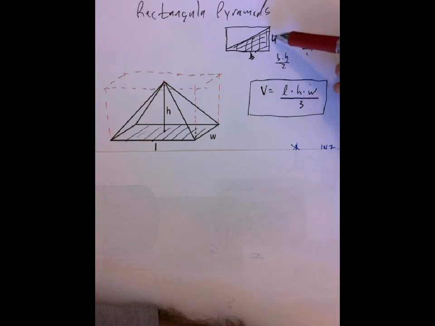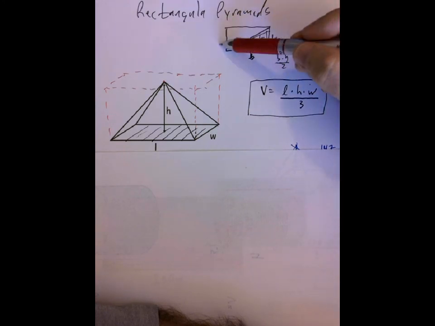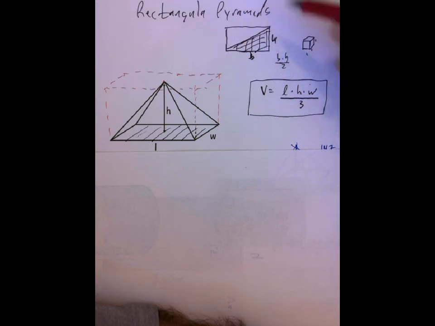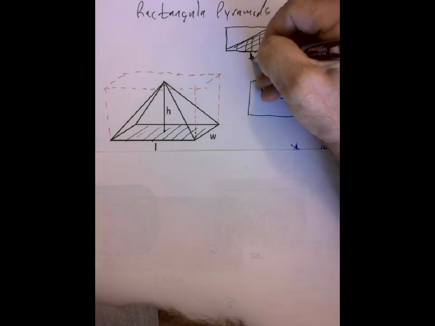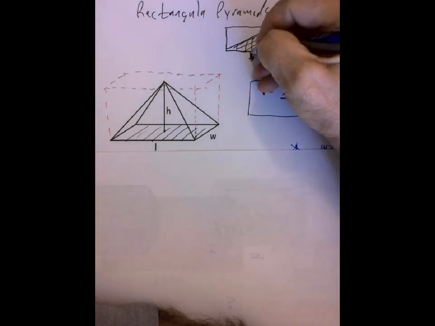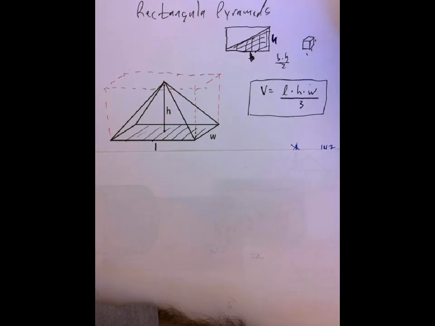Well, remember when we found the area of a triangle, first we started with a rectangle that had an area of base times height. Then we drew a diagonal there, and that divided the rectangle in two.